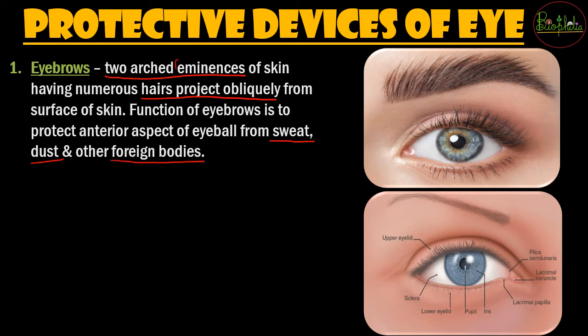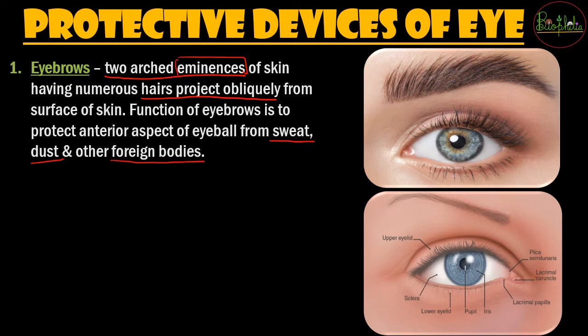That is the eminence. The bone at the eyebrow is somewhat raised. You can feel that your eyes are sunken inside the skull. Why? Because there is an eminence at the place of your eyebrows. Because of that eminence, the sweat that is going to drip from your forehead will not directly enter your eyeball.